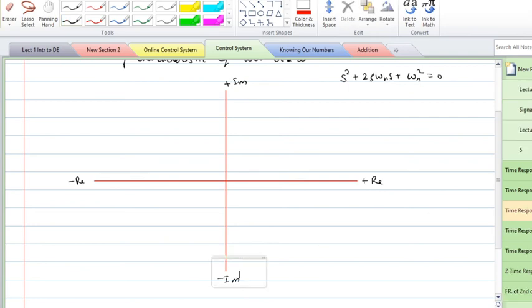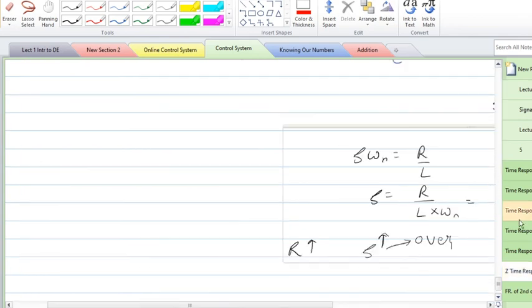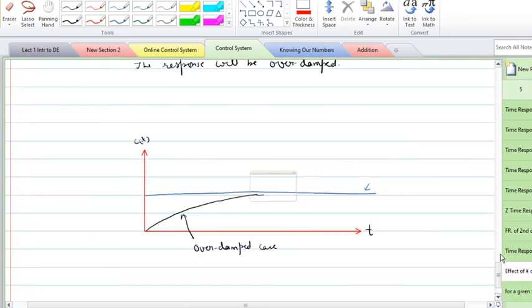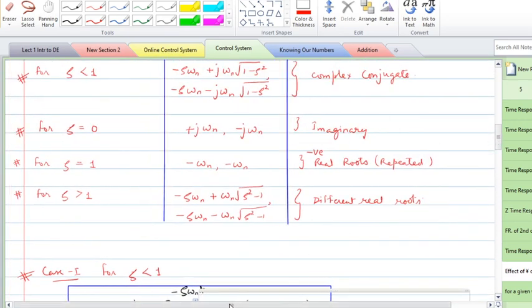Again, go back to this distribution: for zeta equals 0, the roots are on the imaginary line and these are purely imaginary.